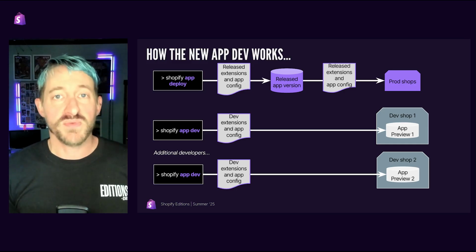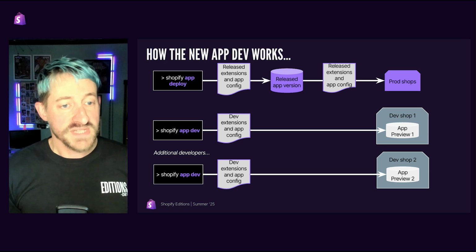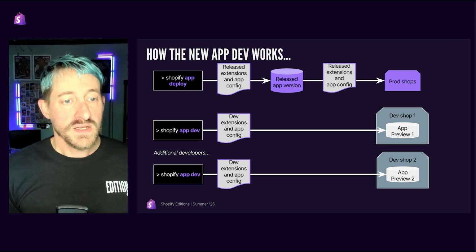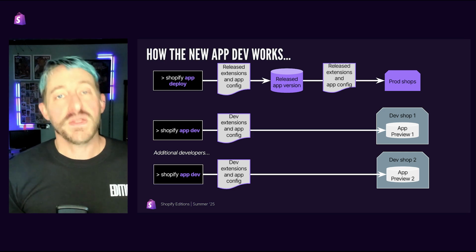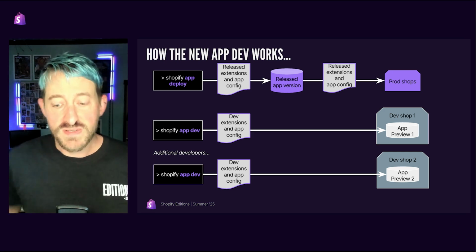And every developer running dev is going to have the same behavior where their version of the extensions and config are going to be released to their isolated development shop. So again, following the same model that we do for app deploy now, but with that shop isolation.